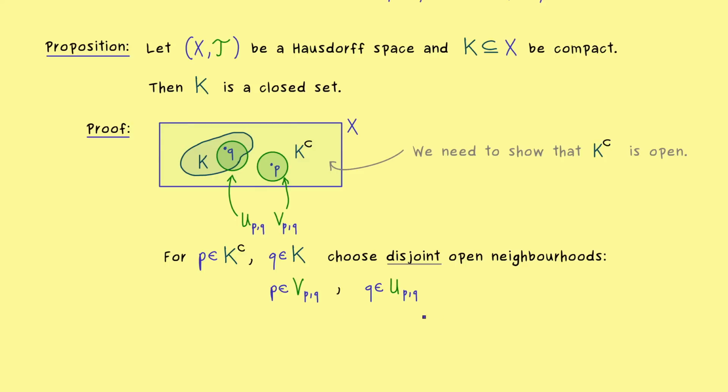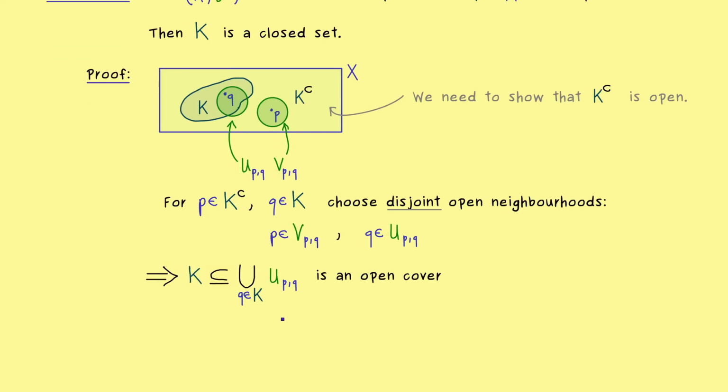Since this works in general, we can fix the point P and vary the point Q in K. Therefore we can form the union of the neighborhoods where Q goes through K. Since each Q lies in UPQ, we have an open covering of the set K. And there you see, this is where the compactness of K comes in. This means we don't need to use all the points Q in K, it's sufficient to use a finite subset.